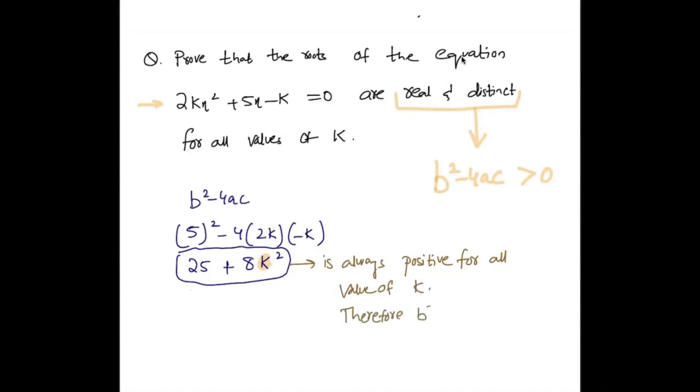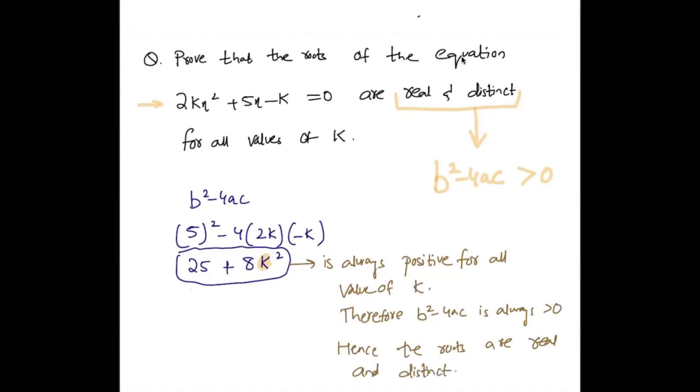Therefore b square minus 4ac is always greater than 0. Hence the roots are real and distinct.